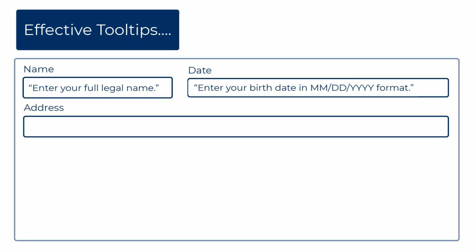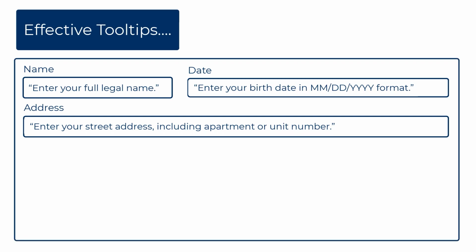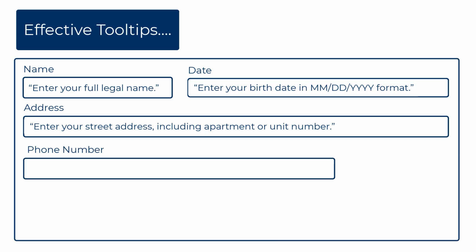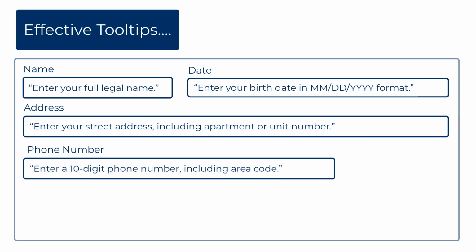Address field. A clear tooltip might read, enter your street address, including apartment or unit number. This works because it prompts the user to include essential details often forgotten. Phone number field. A clear tooltip might read, enter a 10-digit phone number, including area code. Why it works. It ensures consistency and reduces invalid inputs.